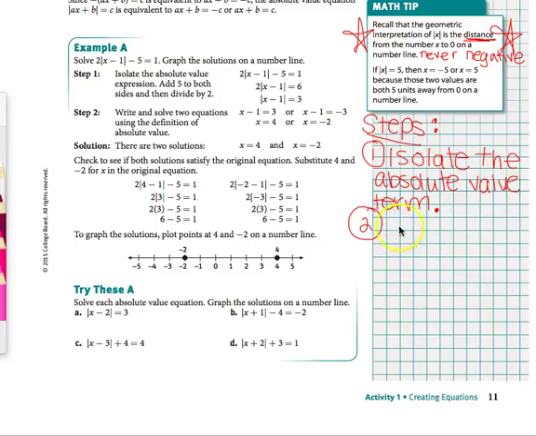Number two, we are going to write two equations. The first equation, so I'll make this A, is where we have the absolute value term equal to the other side, but we take away the bars.